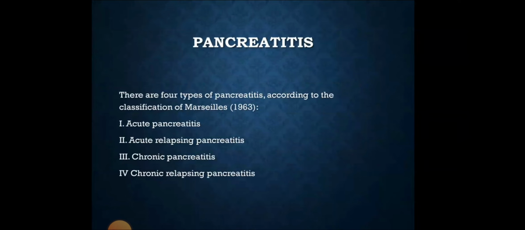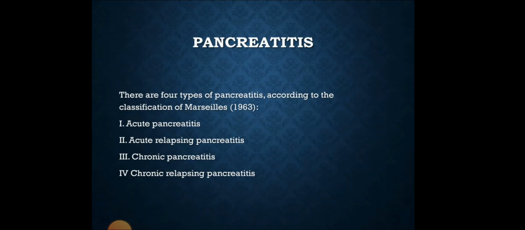Next, it is about pancreatitis. Pancreatitis, we know, is the inflammation of the pancreas. It can be acute, chronic, or relapsing. The main classification, if we take Marseille's classification, is an important classification of pancreatitis.